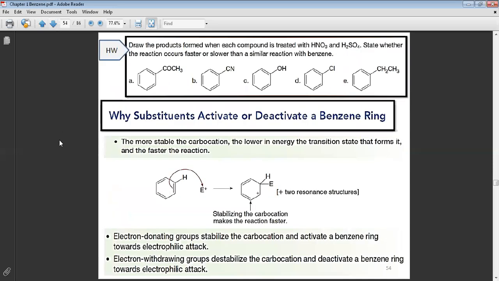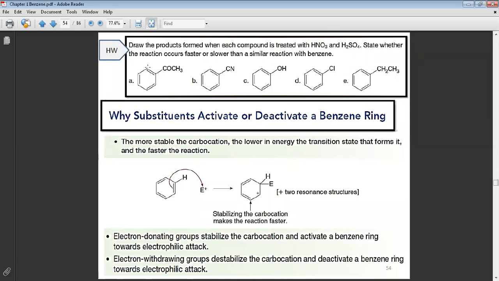Now we also have: draw the products when each compound is treated with HNO3 and H2SO4. That means this reaction is nitration. State whether the reaction occurs faster or slower than the similar reaction of benzene. Look at this homework.